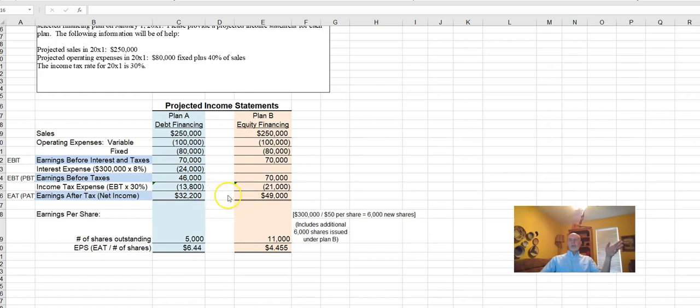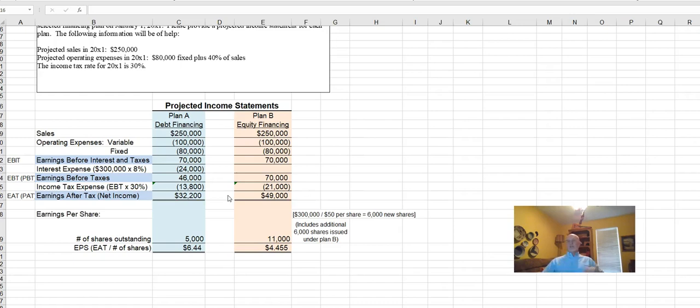Now let me make a point here. Even though the interest was costing us $24,000, since it saved us some taxes, the interest didn't actually end up costing us as much as we had thought.